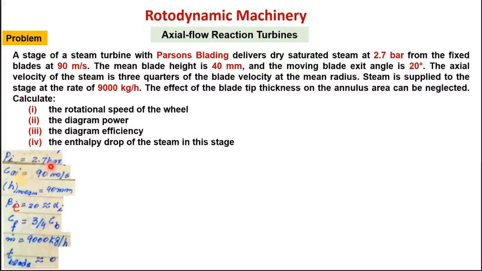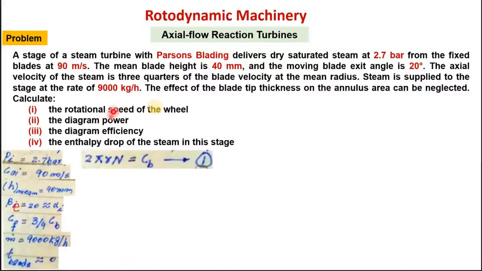Pressure at the inlet of moving blades, CAI, mean blade height, exit angle of moving blade, which is equal to inlet angle of absolute velocity, alpha I, for 50% reaction turbine. CF is equal to 3/4 of CB. Flow velocity is 3/4 of blade velocity. This is the total m dot. Mass flow rate, blade thickness is negligible.